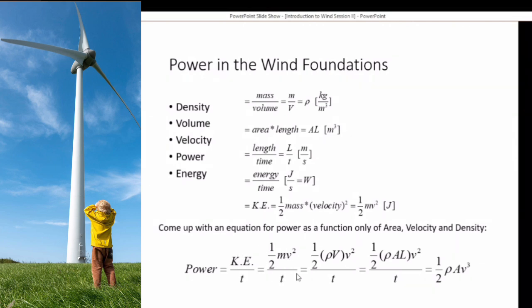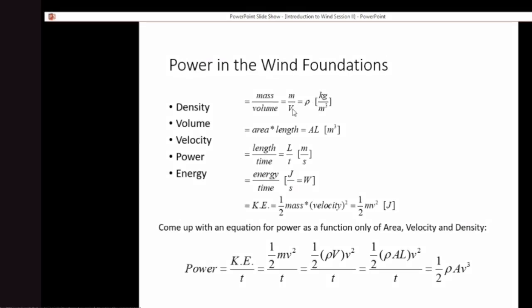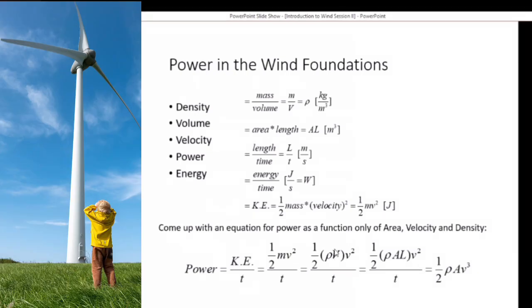And then we know mass can be replaced by density times volume, and we know that this volume is just area times length.